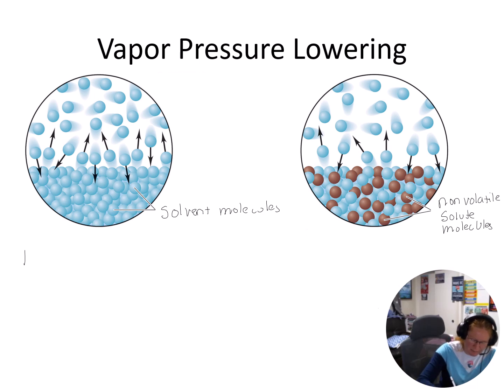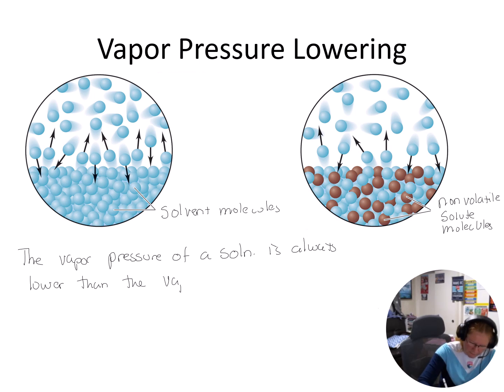And what we get is the vapor pressure of a solution is always lower than the vapor pressure of the corresponding pure solvent.